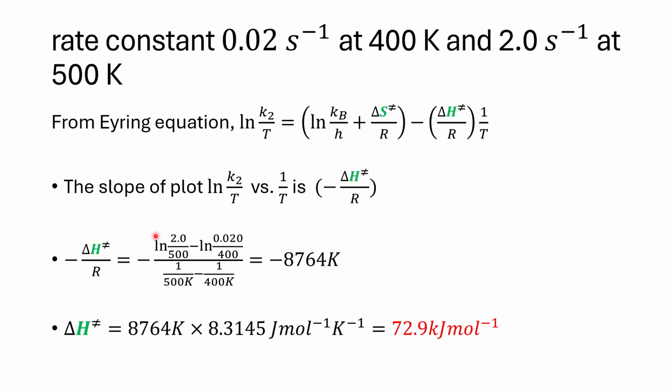To find the slope, we find the difference between the y coordinates divided by the difference between the x coordinates. Therefore, we have ln of 2 over 500 Kelvin, k over T, minus ln of 0.02 over 400.